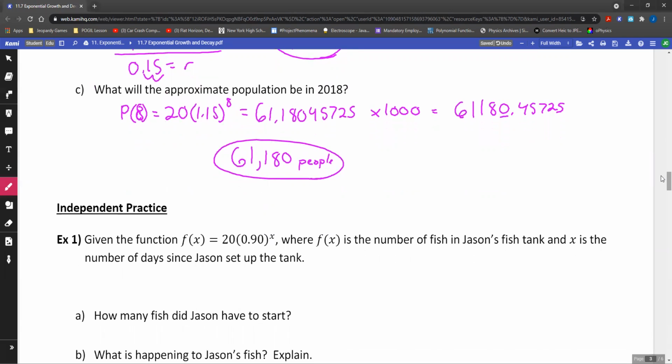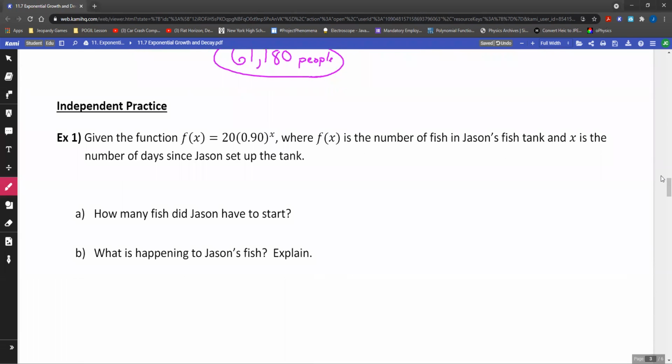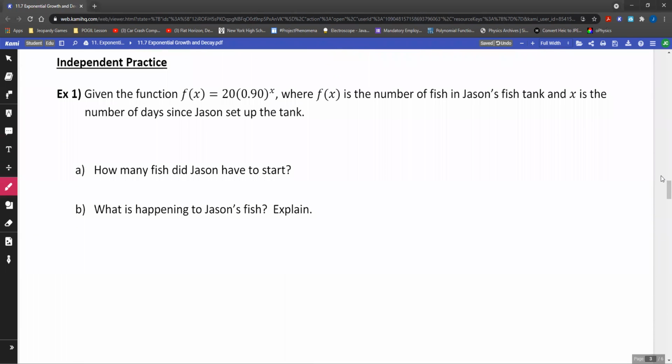All right, for this question, this is something similar to what we just did. They want us to first figure out how many fish Jason had to start with. So this time, this is just representing the number of fish. So he started with 20 fish. They want us to know what's happening to the fish. So is this growth or decay? Since this number is less than 1, this is going to be decay.